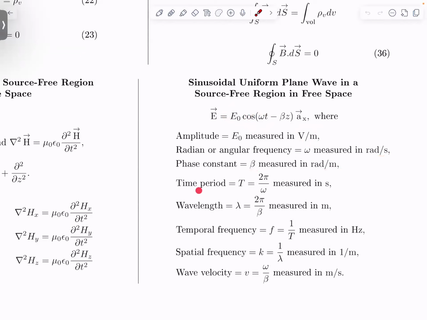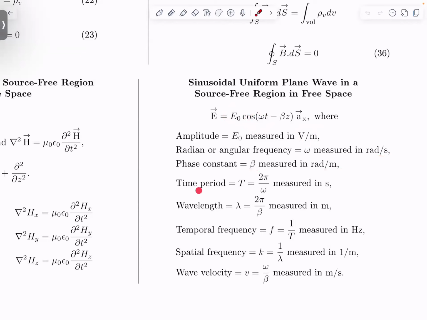Now, let's go back to problem 3 that we were working on. In problem 3, what it says is that the field is oriented in the y direction and propagating in the x direction. So for problem 3, our electric field in time domain will be e to the minus alpha, not z, but x, since it's traveling in the x direction.